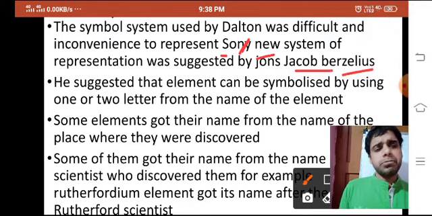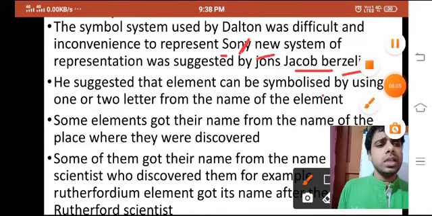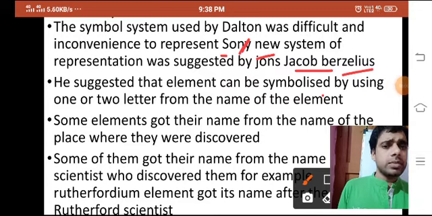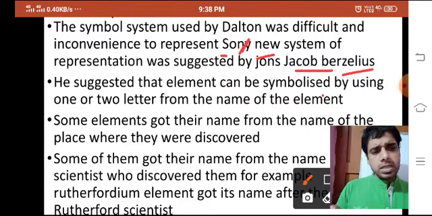He suggested how we can write atoms in symbol form. If hydrogen is written, take its first letter, capital H; that is the symbol.